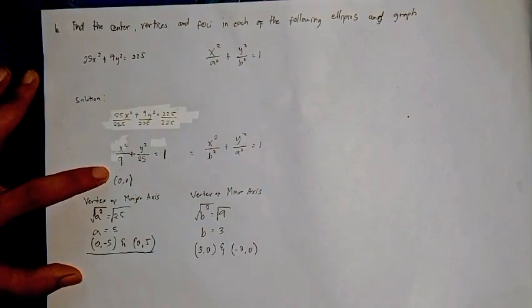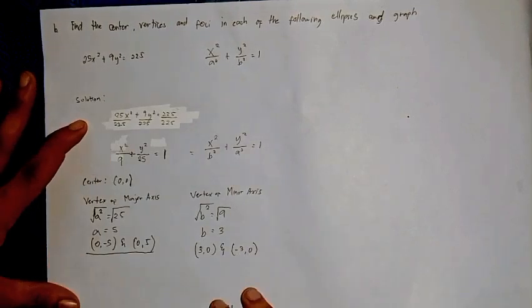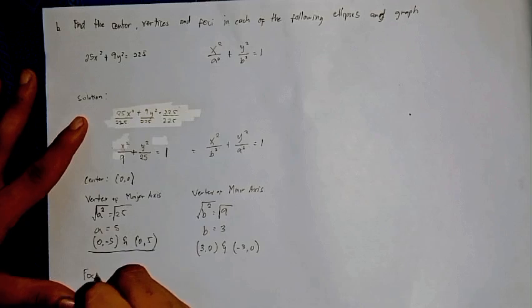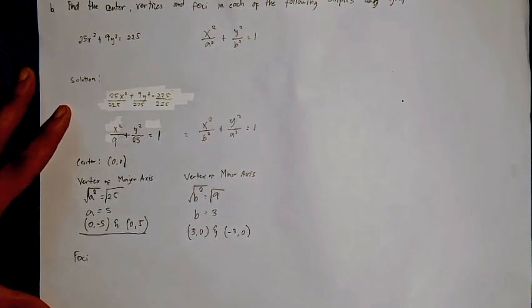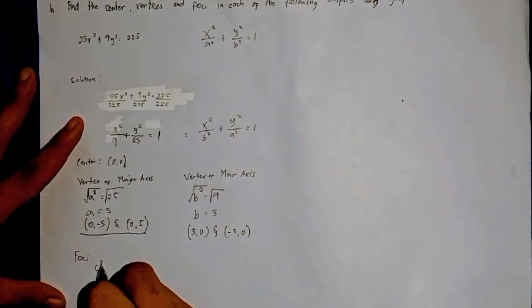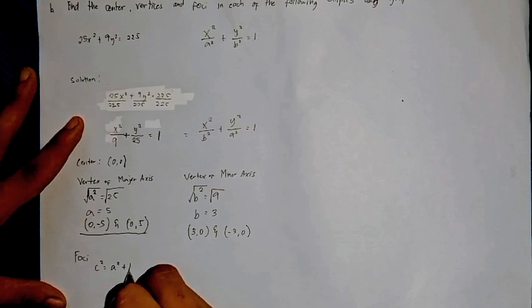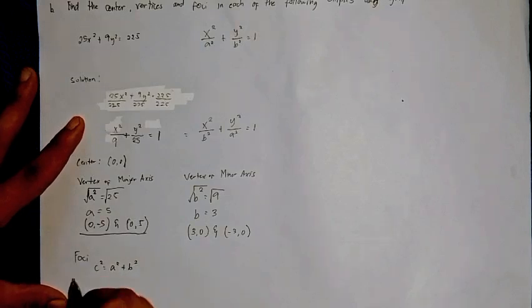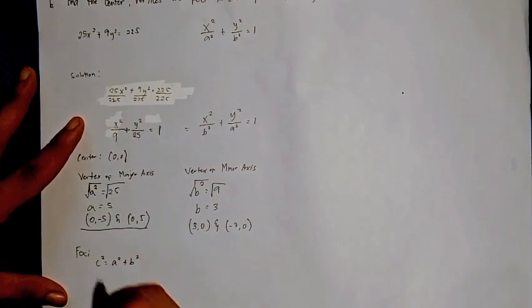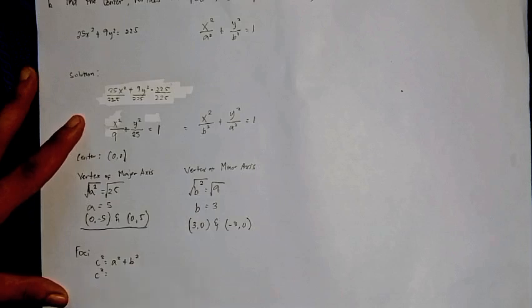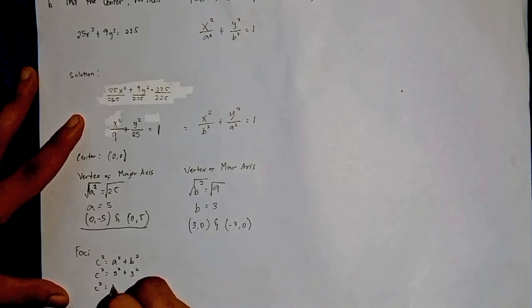Now let's find the foci. Since the foci are denoted as c, we will use the formula c squared is equal to a squared plus b squared. So just substitute the values of a and b. 5 squared plus 3 squared. 5 times 5 is 25, plus 3 times 3 is 9.